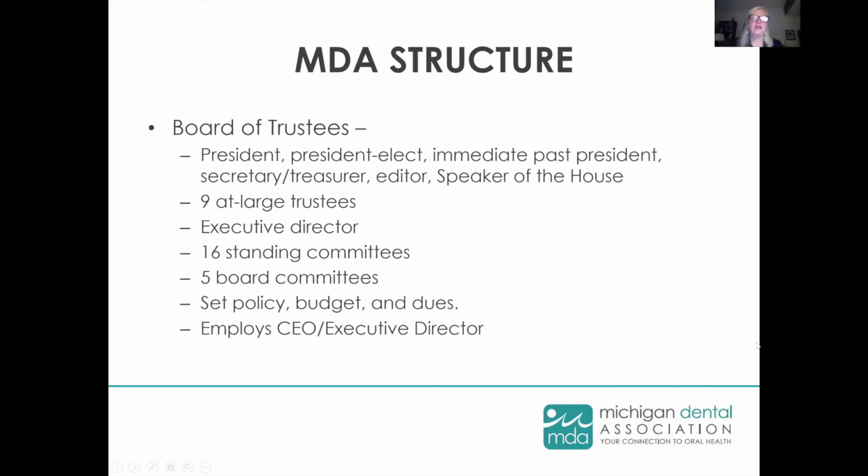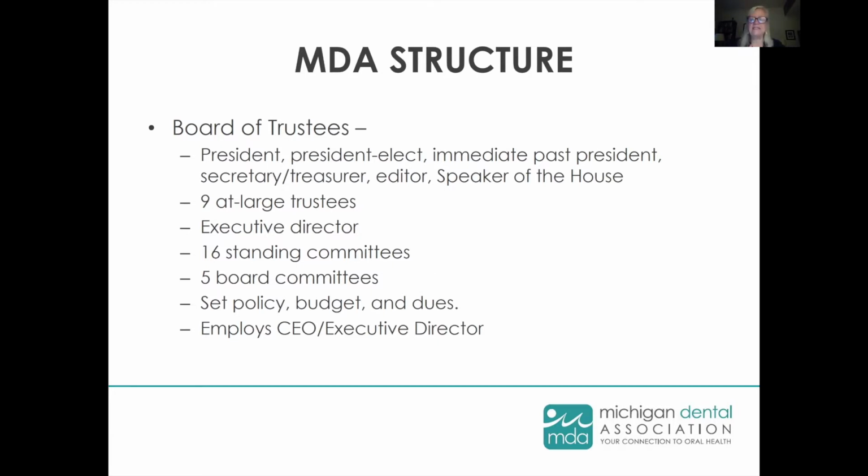Okay, MDA structure. The Board of Trustees, of course, is the ongoing managing body. It's made up of 6 officers that you can see here on the screen, and there are 9 trustees, all of whom serve at large. I am an ex officio member of the Board of Trustees and do not have a vote, but I serve.